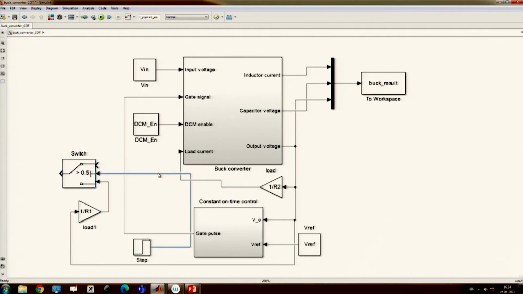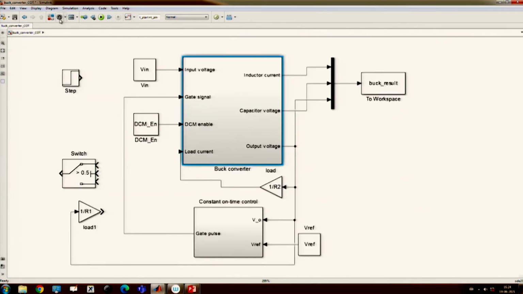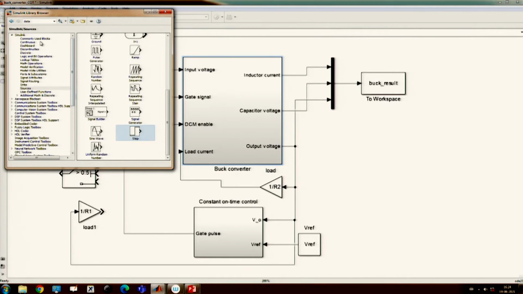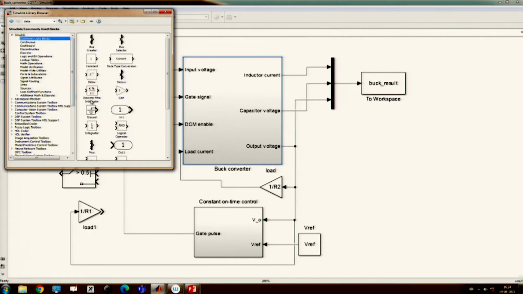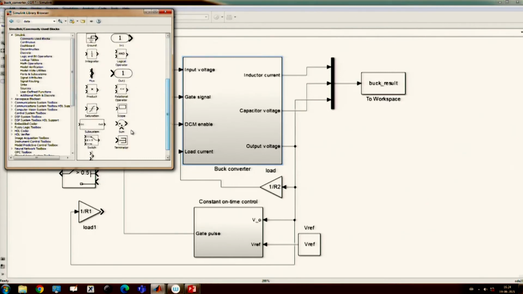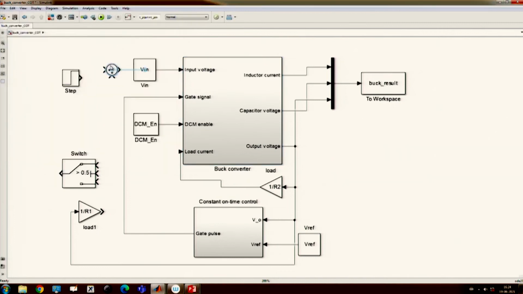For the time being, what are we going to do? We want to incorporate one summing block, and here we want to make a supply transient.